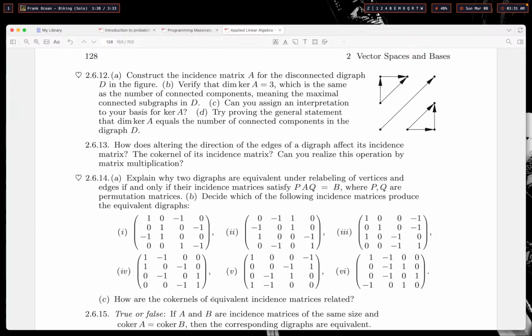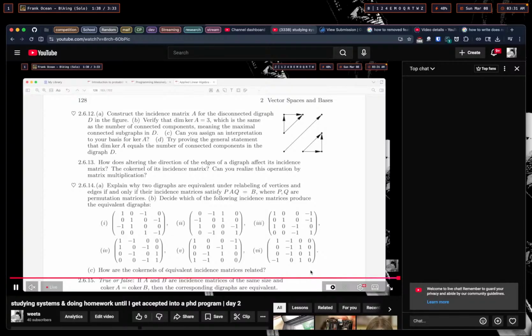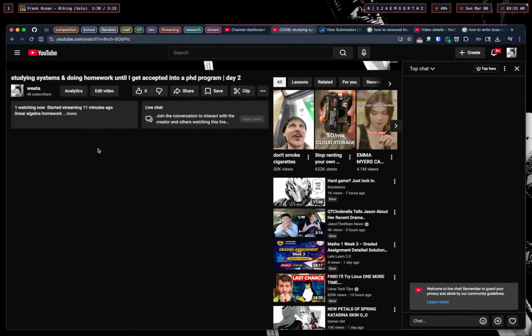So realizing this operation by matrix multiplication means realizing how long the stream is going on for. Say time. I'm unsure actually. Only about 10, 11 minutes ago.